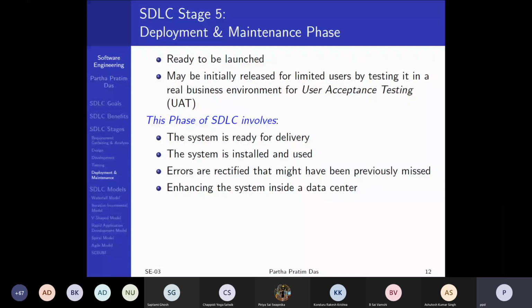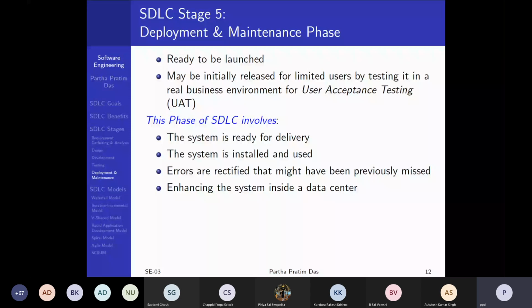Of course, things may go wrong even after that, because user acceptance testing might happen for, say, a stock transactional system for 100 users, 200 users, but the live system may be using 20,000 users. So the scalability of the system might fail. There are problems that might happen after deployment as well, so you need to get into maintenance.